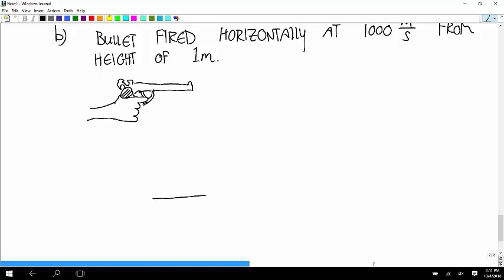And again, this starts out 1 meter above the ground. Okay, so for 2D kinematics, what's the first step?